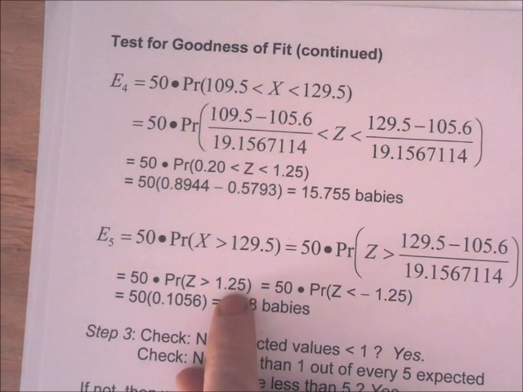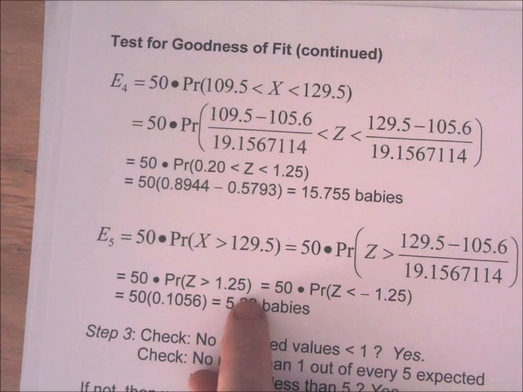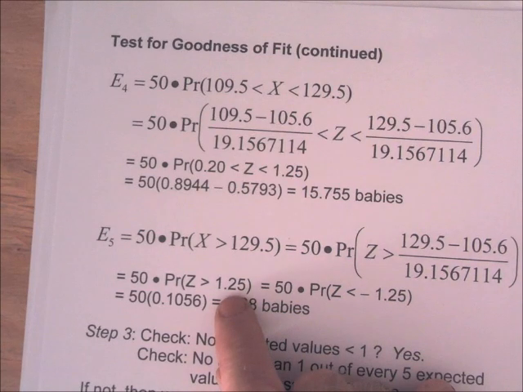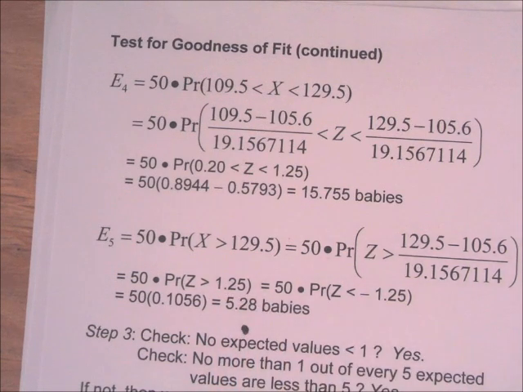So we want the probability that z is greater than 1.25, so it's going to be 0.5 minus the probability that z is between 0 and 1.25, and it comes out to be 5.28 babies.